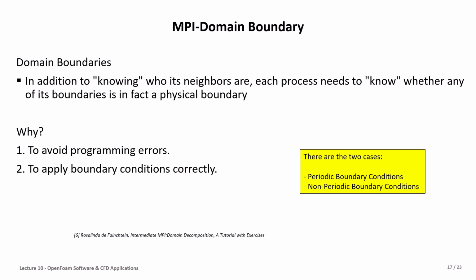This helps to avoid programming errors and also to apply the boundary condition correctly. There are two cases of boundary condition that could be used, the periodic boundary condition and the non-periodic boundary condition. We will determine what these two different boundary conditions mean and how we can apply them in the problem.